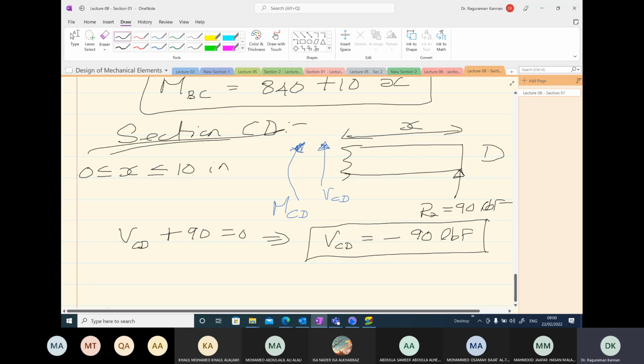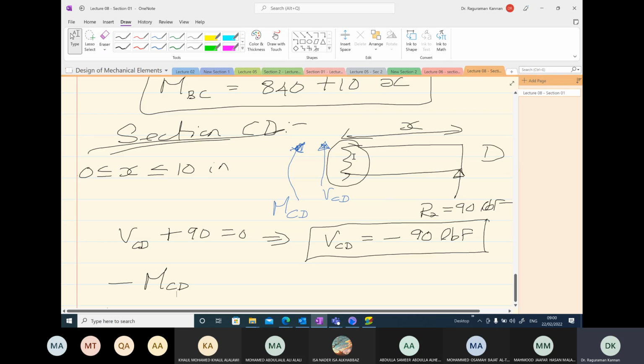Go to the other side for the moment. Take moment about the left end. VCD will disappear. We have MCD, which is negative, using the equilibrium equation sign convention, the first sign convention. MCD is clockwise and therefore negative.